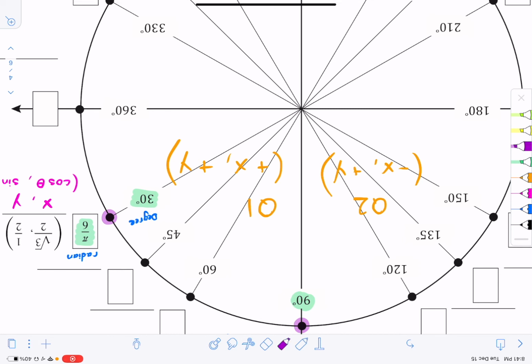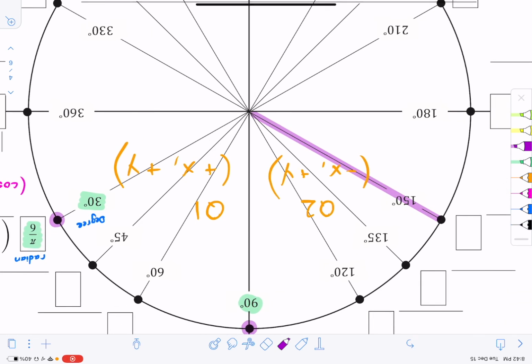Talking about quadrant 2, let's take a look at 150 degrees. So if I was to form a triangle with 150, I'm going to drop an angle right here. This forms my 90-degree angle. I also am going to indicate where my reference angle is, which is right there.